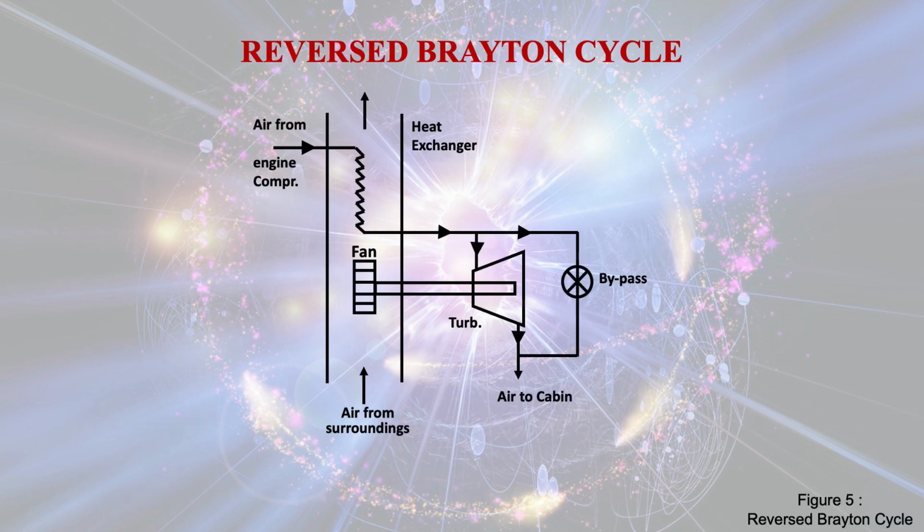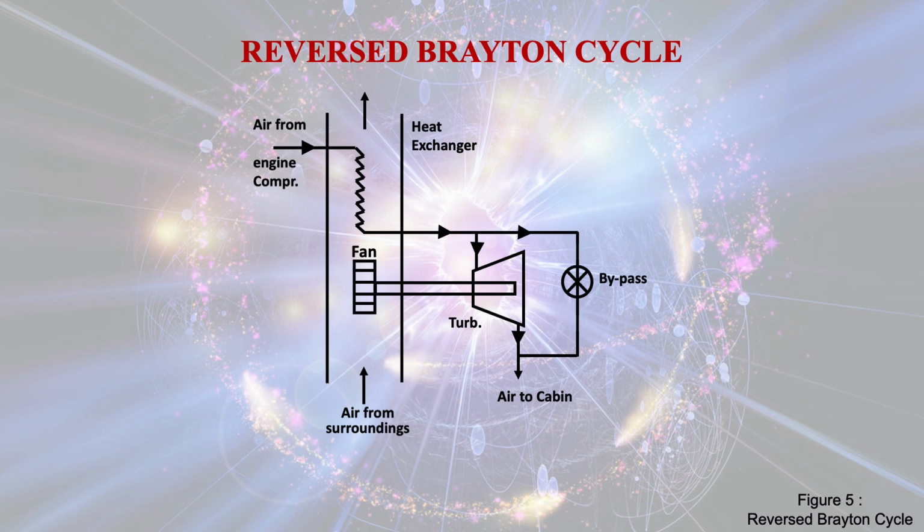So this is the schematic diagram of the reverse Brayton cycle. In this case you see that air from the compressor is bled and it is used for this reverse Brayton cycle.